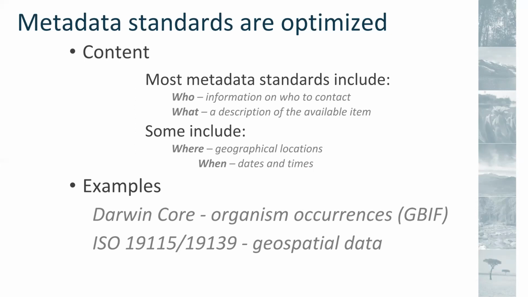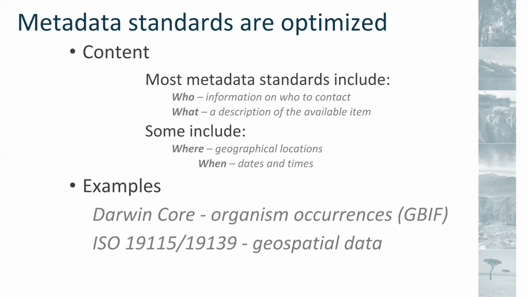For metadata standards, which are expected to be used for scientific data, virtually all of them include a description of what the item is and who to contact for more information. This is kind of like your title and your author, the way in Kristin's examples. And then some have more detailed information about location, things like location and dates and times. There are quite a few metadata standards out there, which have been in use for quite a while.